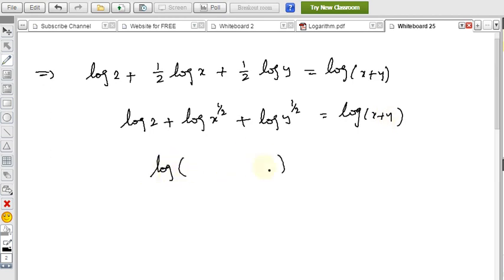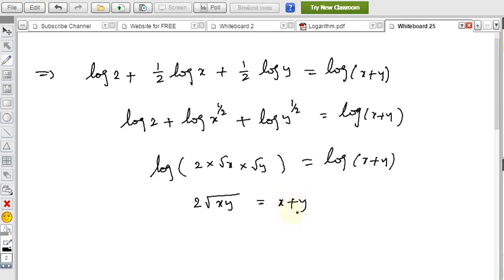Log of 2 into, so log a plus log b plus log c is log a into b into c, right? So 2 into x power 1 by 2, which is root x, into root y, is equal to log x plus y. So remove the log on both sides. 2 into root of xy is equal to x plus y. Then squaring on both sides.